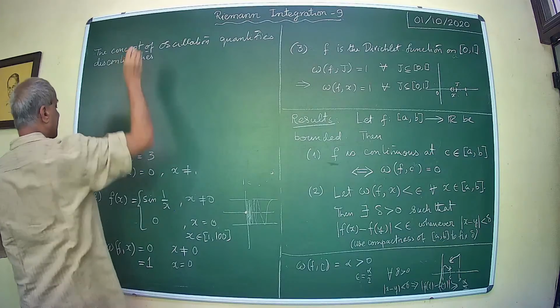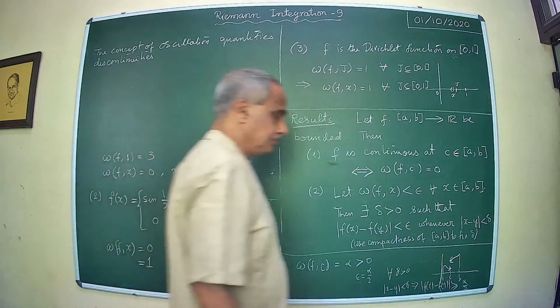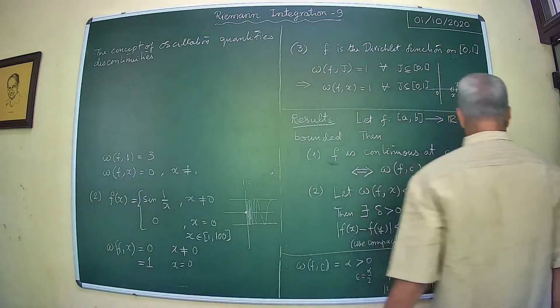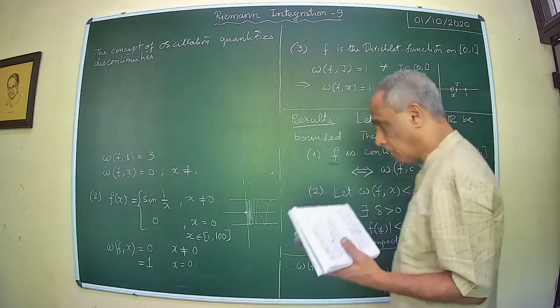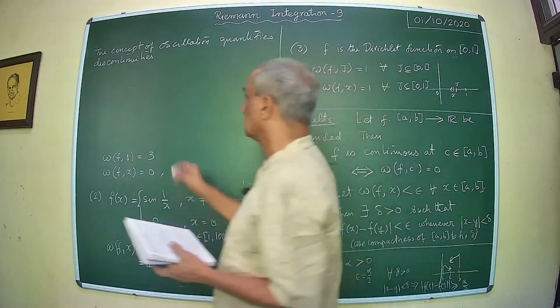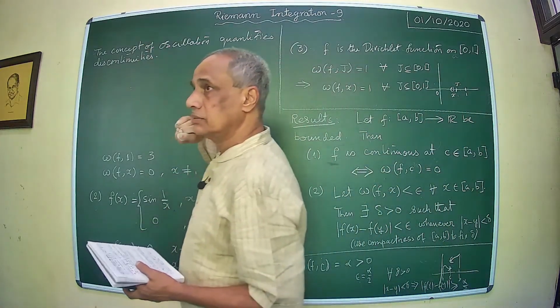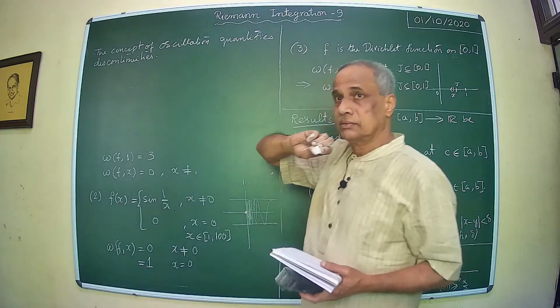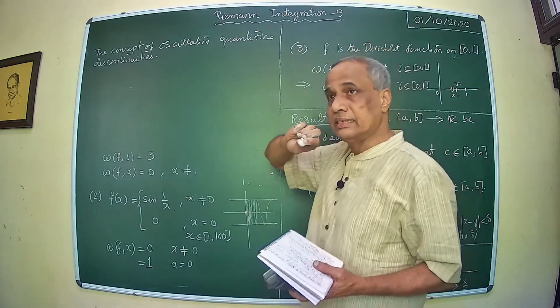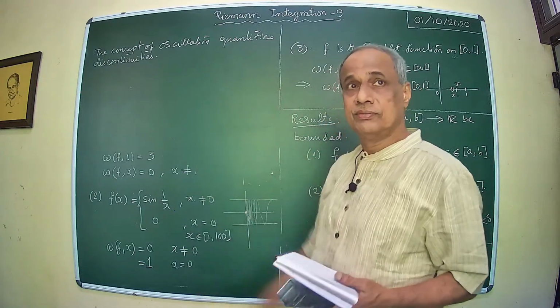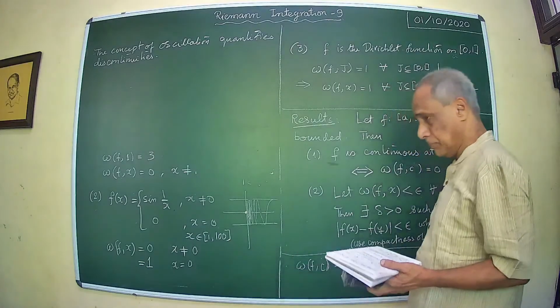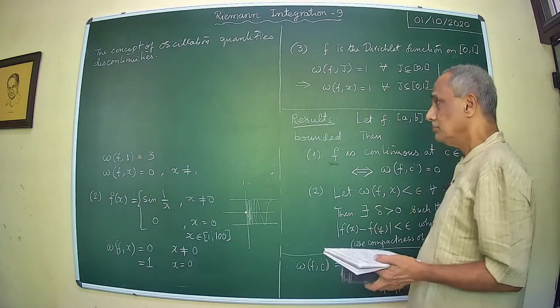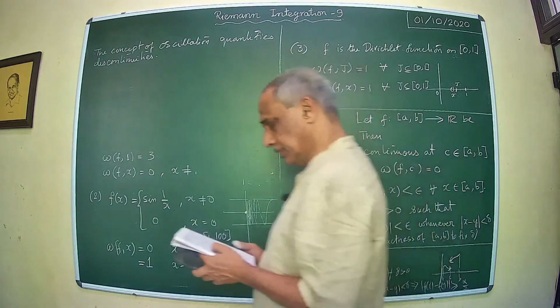So whenever the oscillation at a point is not equal to 0, the function is discontinuous there, and it's continuous if and only if omega at that point is 0. That's the result that we have.